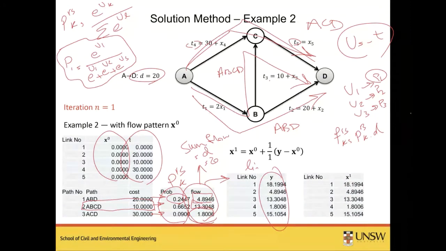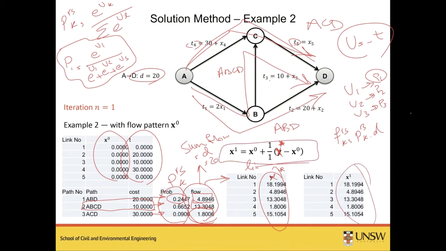And again, here this could be X star, sorry, just to be consistent with previously. But X star previously was all or nothing, and this time it is a result of application of a logit model, not all or nothing assignment, okay? So we don't do all or nothing assignments here. We apply the logit model to get the X stars. So we get the X stars, we put them in the MSA formula, and we get X1.